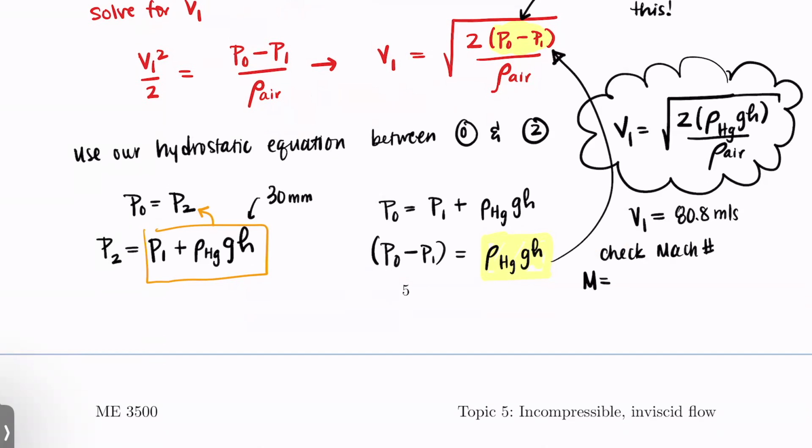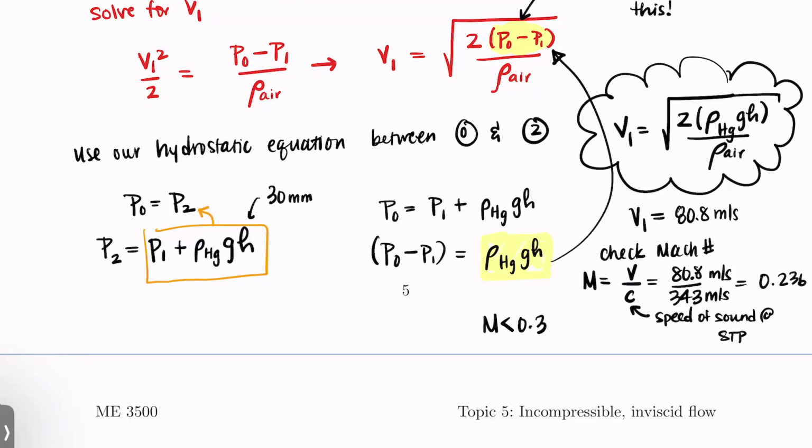M is equal to the velocity over the speed of sound at STP. So we have 80.8 divided by 343 meters per second. And so our Mach number is 0.236. Since the Mach number is less than 0.3, incompressible is okay.